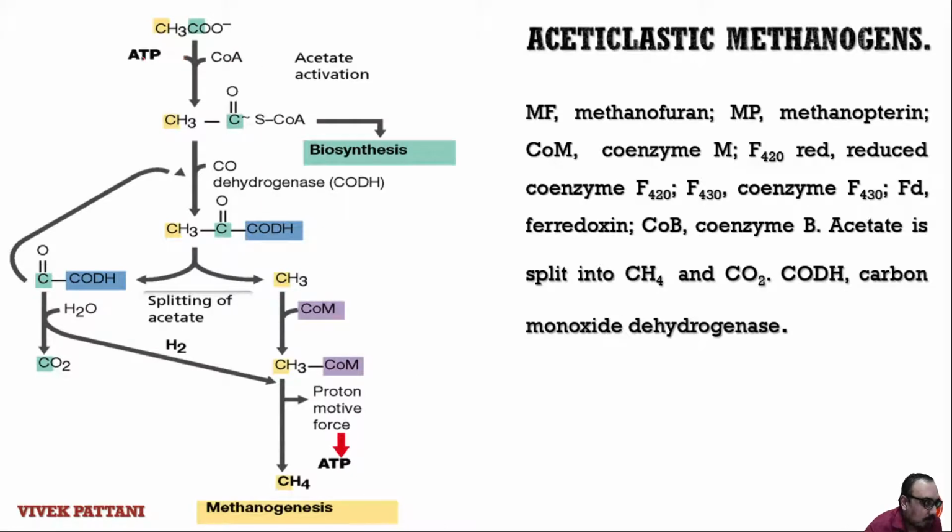You can clearly see here ATP will be used, coenzyme A will be added, forming acetyl-CoA, which may either undergo biosynthesis or enter methane production with the help of the carbon monoxide dehydrogenase complex, where it will be split in two. In the splitting of acetate, one methyl group will be formed, and in the other a CODH complex will be formed, from which carbon dioxide is directly generated.